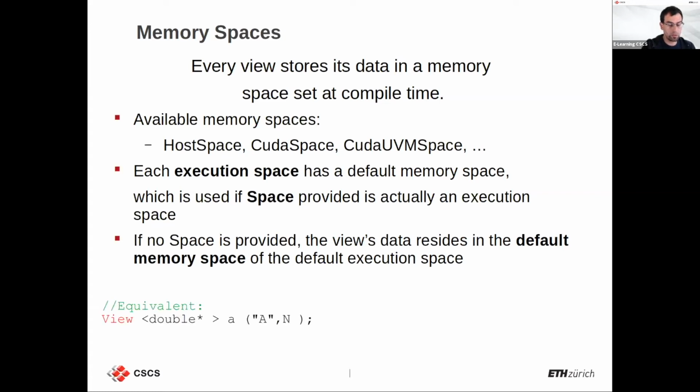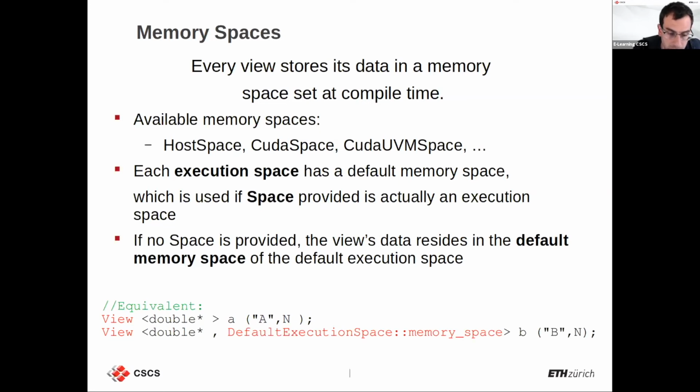This is the view we have seen before. This is the view with the additional template parameter. Basically, we have this additional default execution space, colon, memory space, where we can decide where we want to put the data.